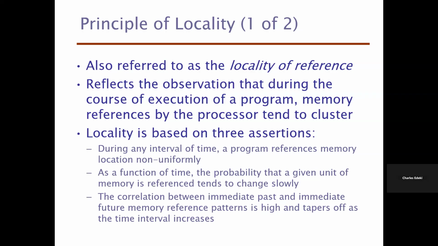An example would be accessing the elements of an array sequentially: if I go to index 0, next index 1, 2, in sequential order. Data near recently accessed memory is likely to be accessed soon.